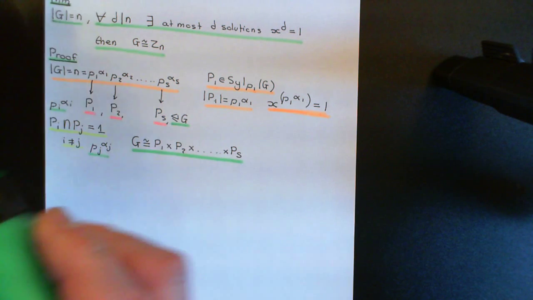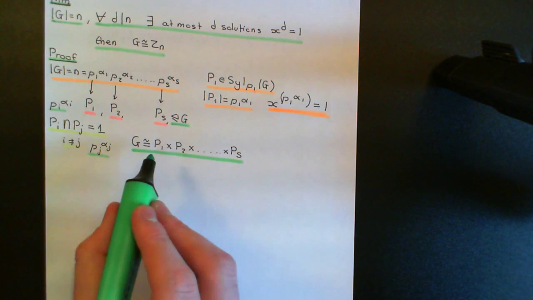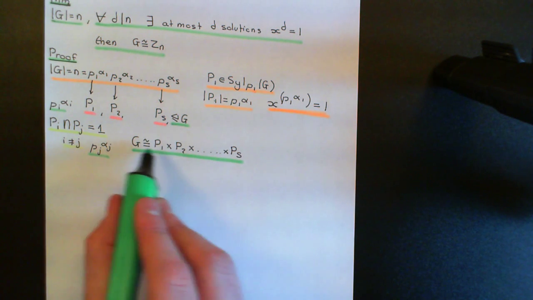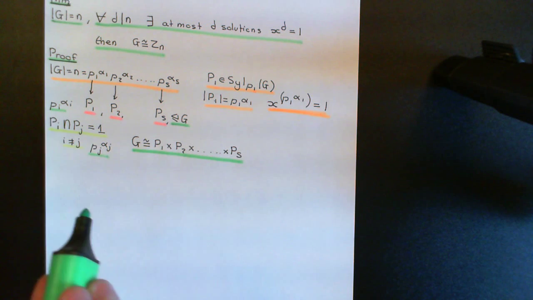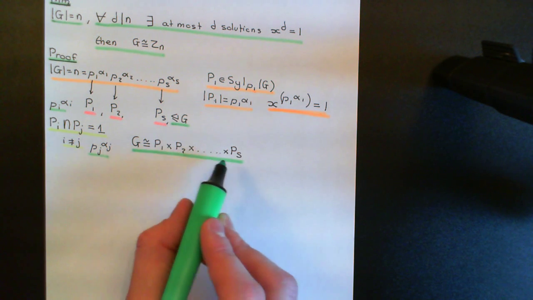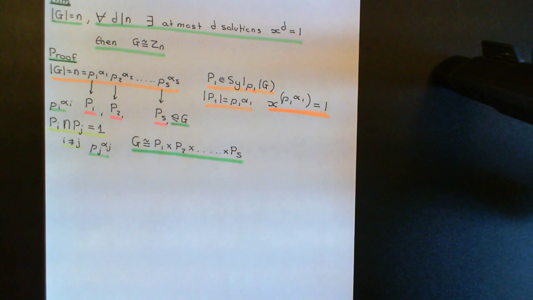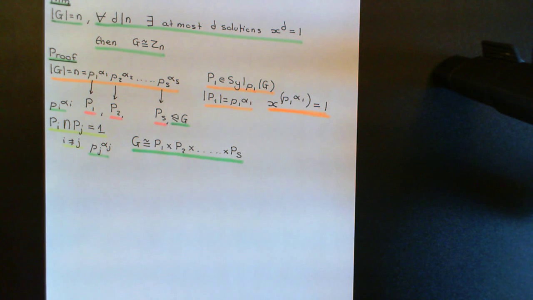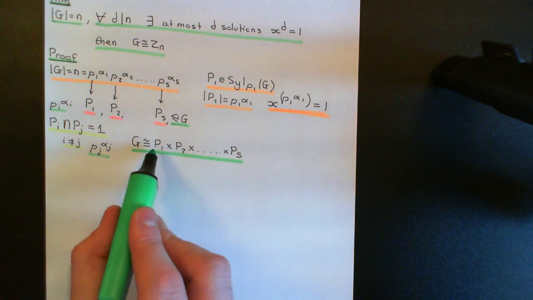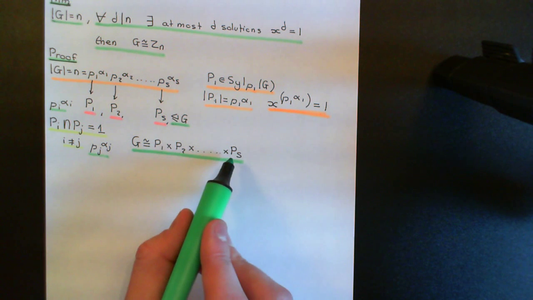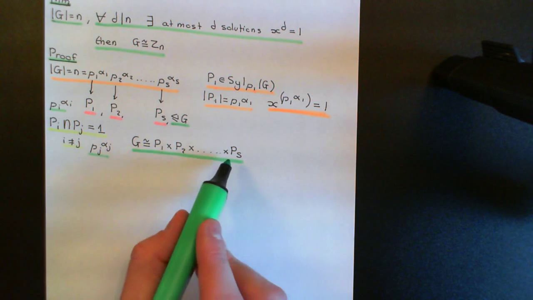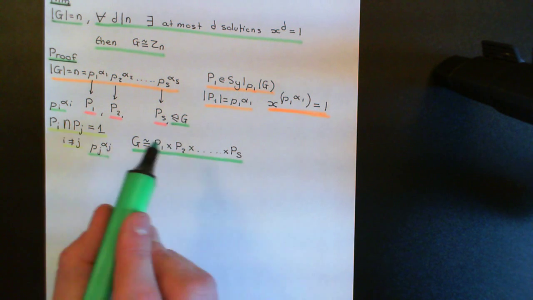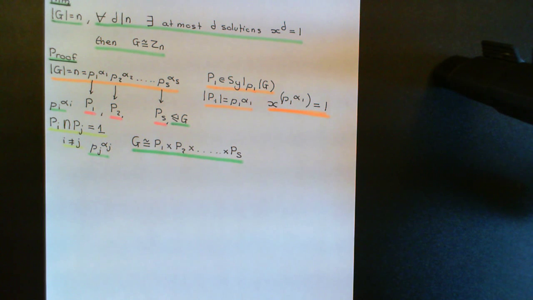What we are going to do is, after we've proven that this statement is indeed true, we're going to prove that each of these Sylow subgroups is actually a cyclic group. And then what we are going to prove is that because all of them are cyclic groups, and because all of their orders are relatively prime to one another, that then implies that the entire group is a cyclic group.